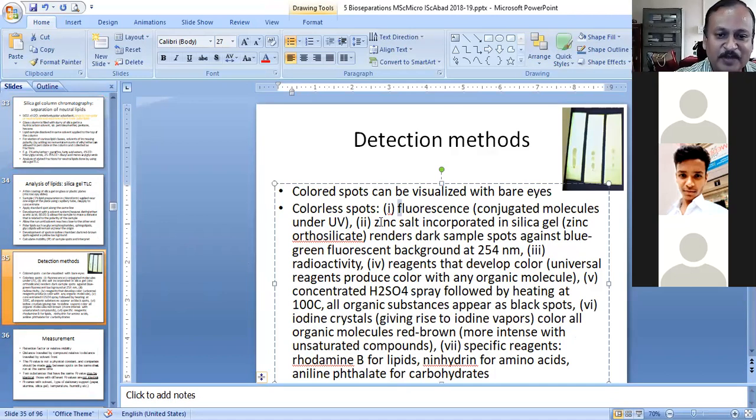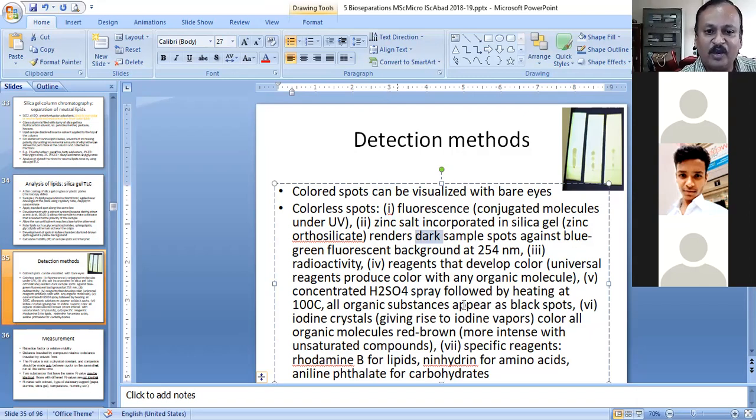Or sometimes what happens is when we use zinc salts, which are already there in the silica gel, okay, incorporated in the silica gel, then the spots become dark colored against a blue-green fluorescent background.